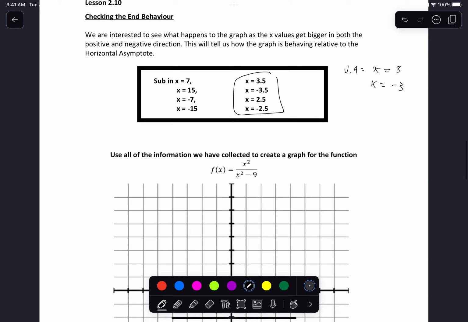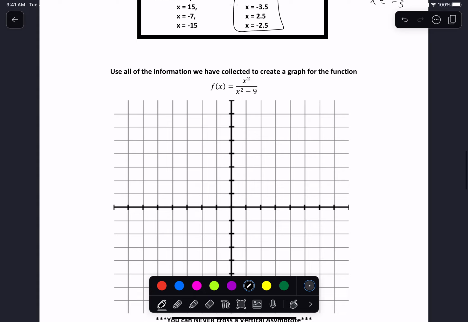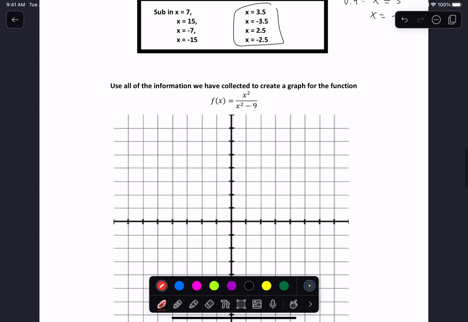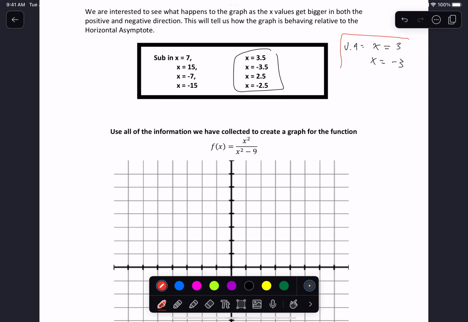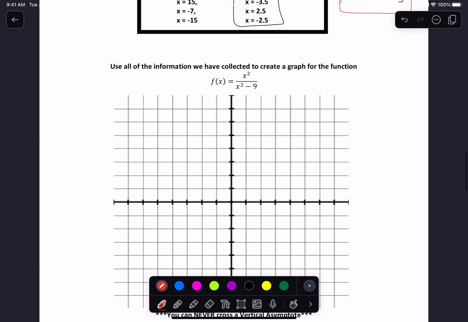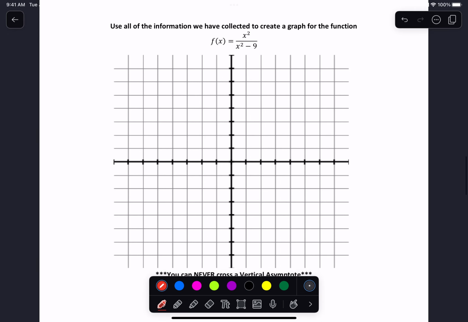Okay, so the first thing I would do when you do these questions is I would plot the restrictions of the vertical asymptotes. So let's plot those first. I'll do those in red. Okay, so I'm going to plot the restrictions, all the asymptotes. Let's do that first. Okay, so x equals 3 is going to be here. This is going to be a vertical asymptote.